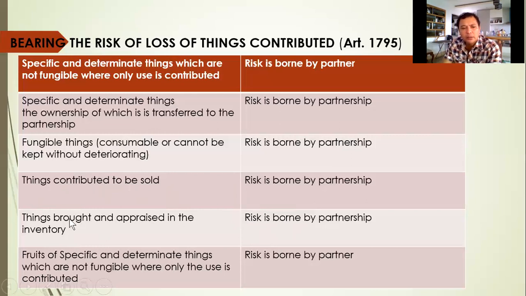Then fruits of specific and determinate things which are not fungible, like this first one, where only use is contributed, then it is the partner who bears the loss. These are all embodied in Article 1795 of the Civil Code.